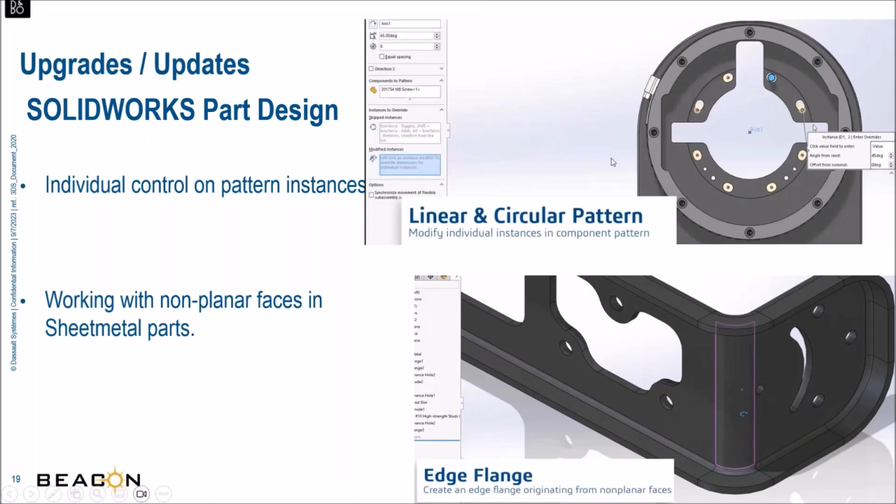Working with patterns is again more controllable. We can skip instances, or work individually on instances by skipping them, or use the instance to vary option to control individual instances. Similarly, for those who are working in sheet metal modules, non-planar faces can be utilized for edge flanges.